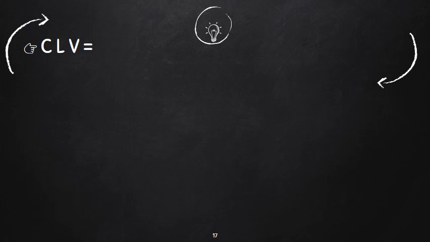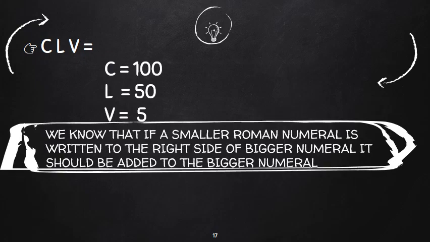Let's take another example. In Roman numeral CLV, the value of C is 100, the value of L is 50, and the value of V is 5. We know that if a smaller Roman numeral is written to the right side of a bigger numeral, it should be added to the bigger numeral.